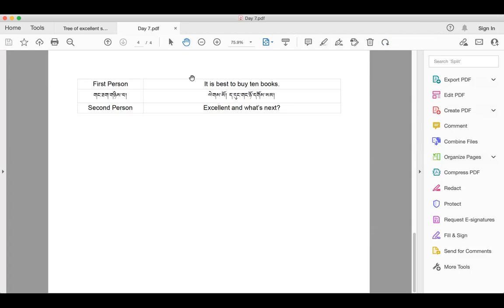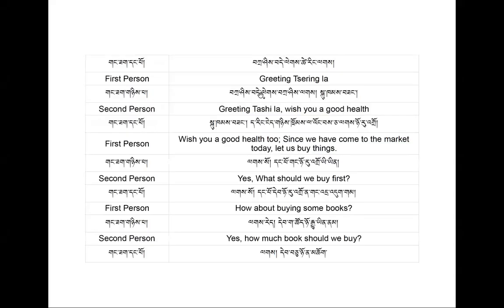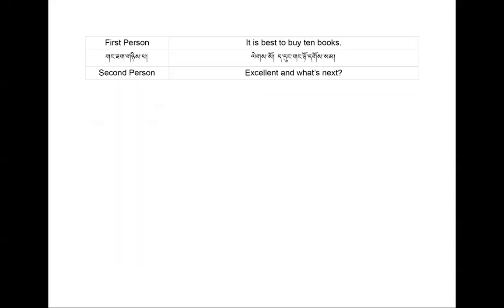So this is also correct, which means buying 10 books would be correct. But another way of saying it is tep chu nyona chok, which means it's best to buy 10 books. And then lekso, which means that the second person is agreeing with the first person, saying excellent. Tadung kang myo kwesam, which means what's next? What more should we buy?